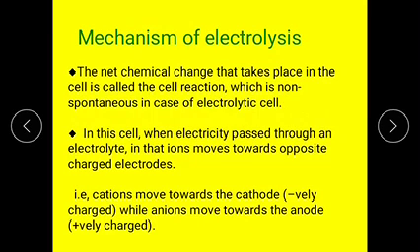That is, cations move towards the cathode side, which is negatively charged, while anions move towards the anode side.